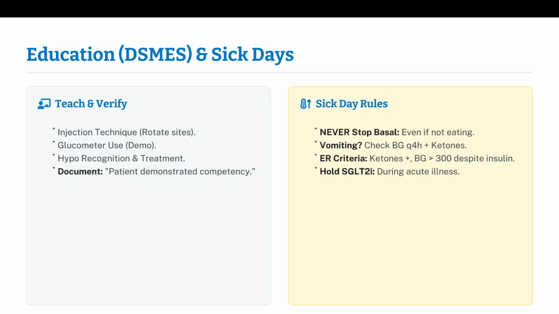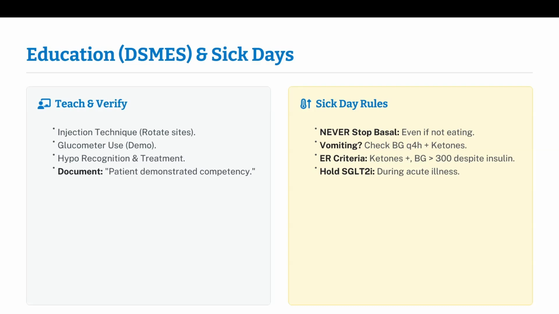Always ensure patient education with the diabetes self-education and management program. Teach about the injection technique and always ensure to rotate sites, not putting the insulin on the same site, to prevent lipodystrophy. Always advise insulin on the thighs or in the abdomen and avoid using the arms. Ensure that the patient knows how to use a glucometer; create a demo setup for them to understand it.